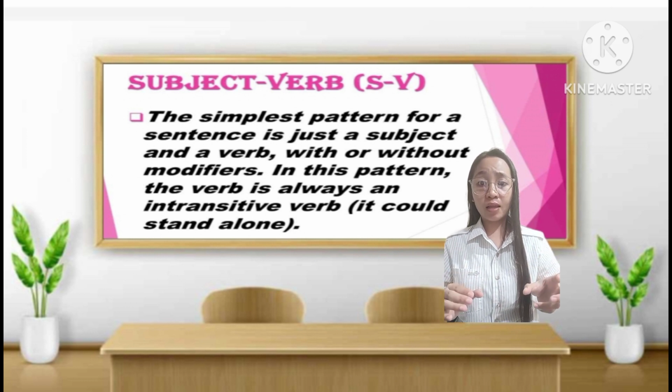It might be an adverb or adjective. Always remember that in subject-verb patterns, the verb here is an intransitive verb. It can stand alone. It doesn't need a direct object. Examples of intransitive verbs are smile, love.